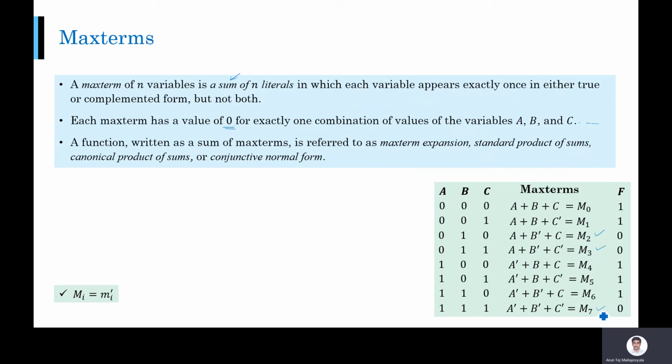Now, if any of these max terms is present, the function has to return 0. So f has to be 0 if either M2 or M3 or M7 is present. So clearly, you can write f as the product of M2, M3, and M7. If any of these is 0, then f will be 0.